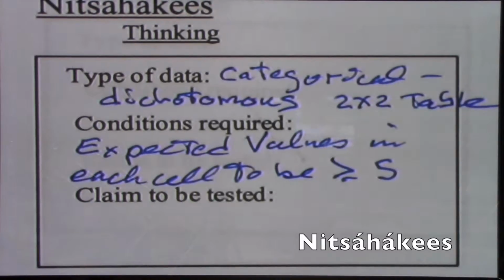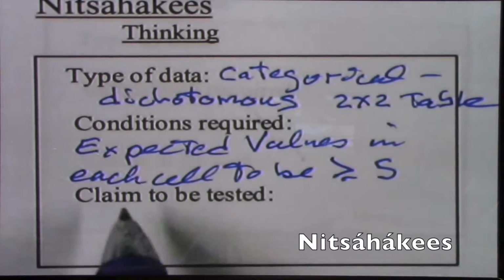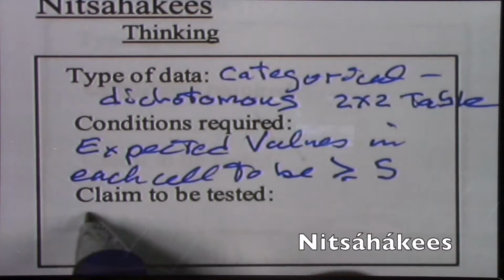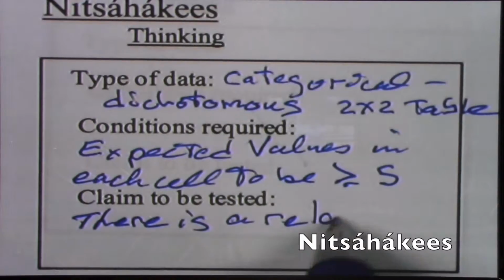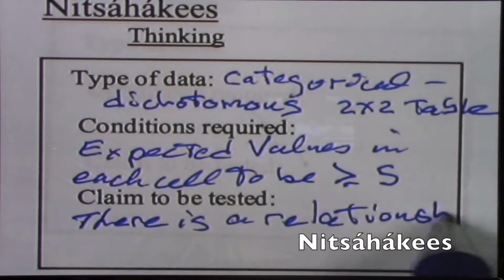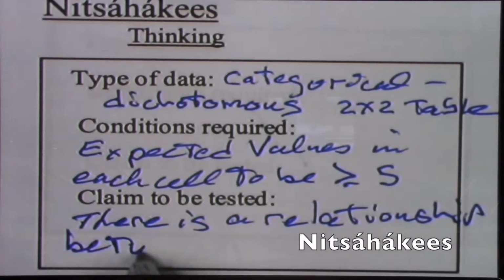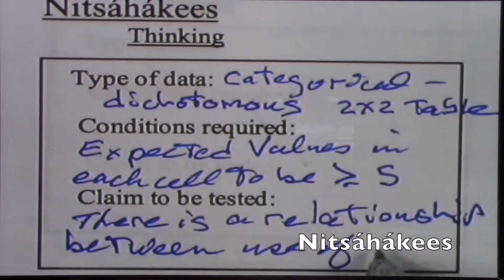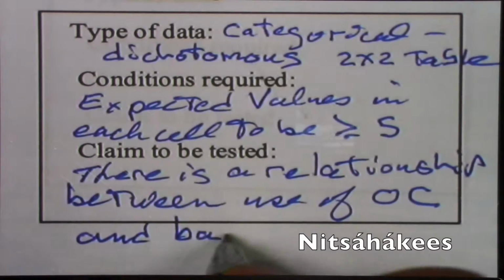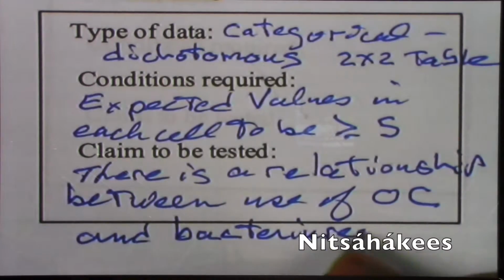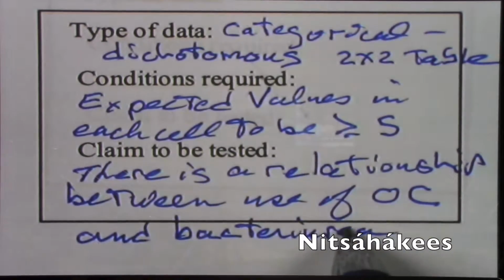Because we're looking at an exposure of oral contraceptive use and an outcome of an infection called bacteriuria, we're going to be testing the claim that there is a relationship, or you could say association, between use of oral contraceptives, I'm running out of space, so I'm going to just abbreviate like they did, and getting this infection, bacteriuria.